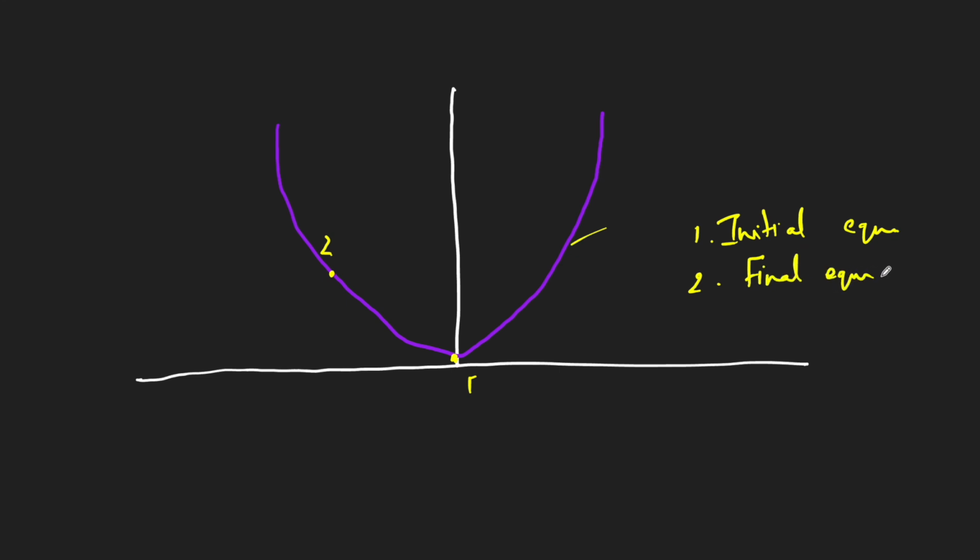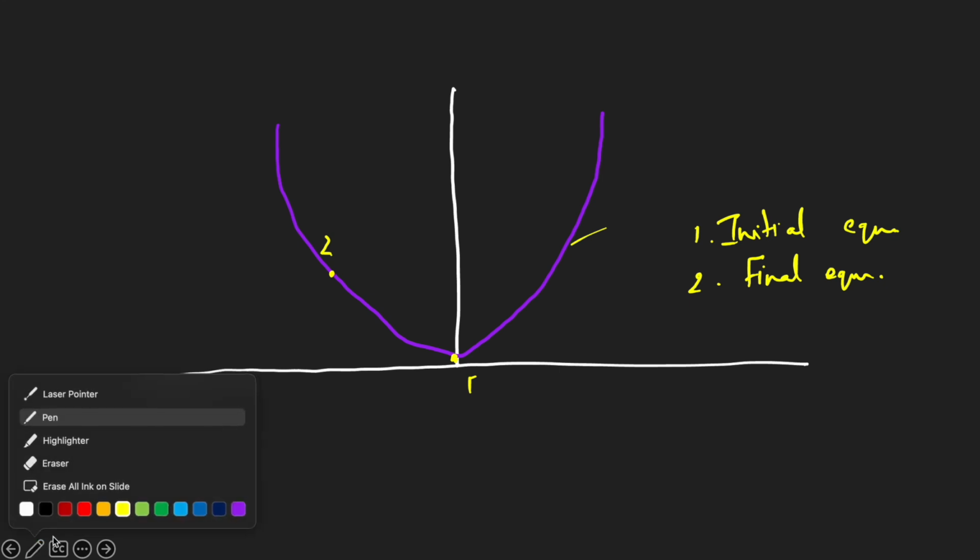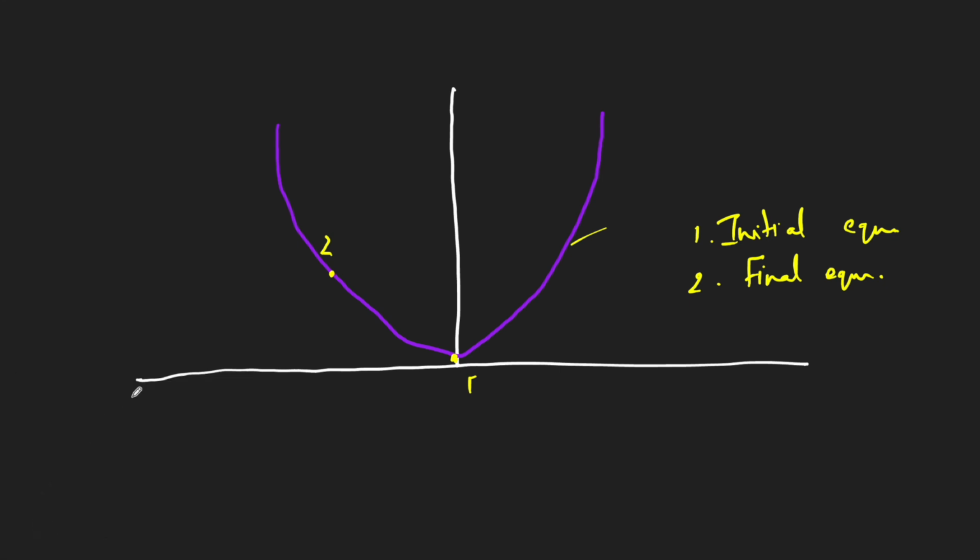Now the question is to determine this distance. For that, let me put the coordinates of point 2 as x comma y. The coordinates of point 2 is x comma y, where x must be this distance, right?